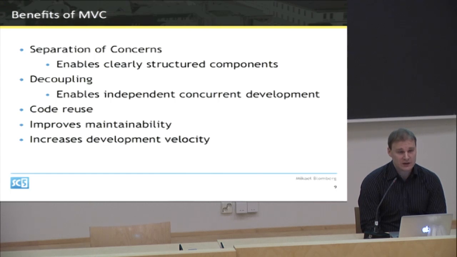What that means is that you can have a UX designer doing the view, then you can have a JavaScript developer do the controller, and then you can have a database guy doing the model, so that you have three persons working on each part, and these are going to work nicely together if you have a clear structure.